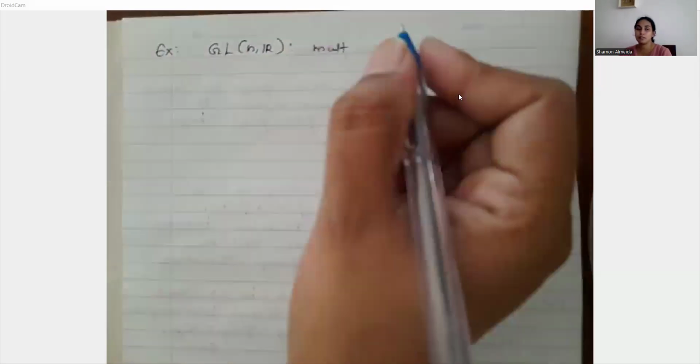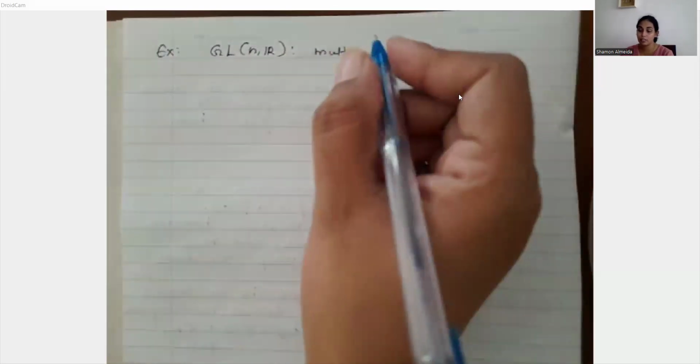Now let's take a look at another example. Let's take a group, the multiplicative group of all invertible matrices of order n. This group contains all invertible matrices of order n, and the binary operation is multiplication.